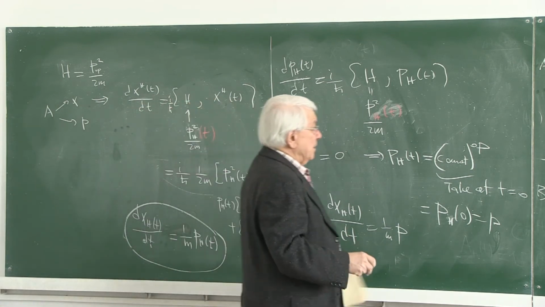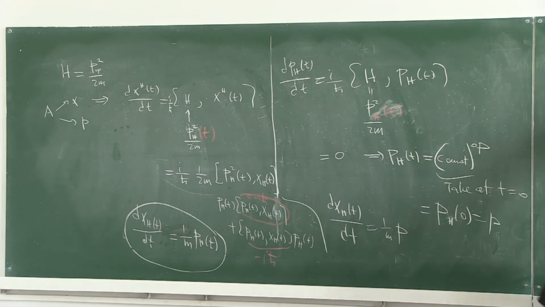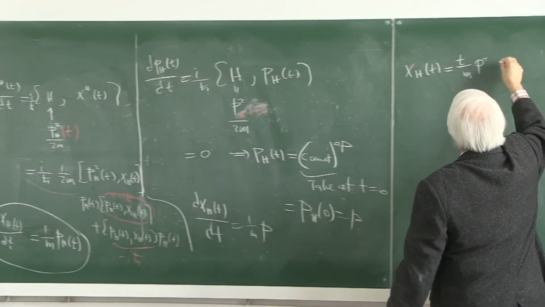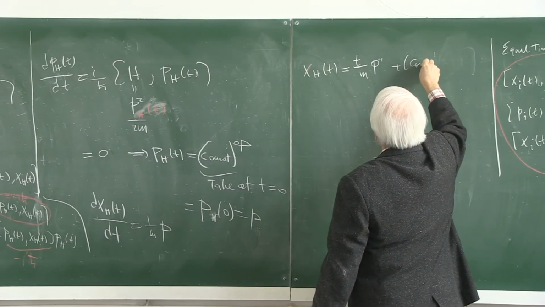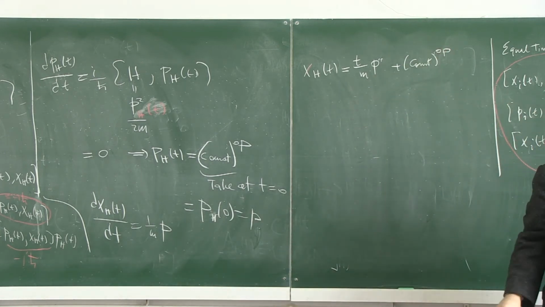So let's integrate this to get the solution. x_H of t is t over m times p, well, operator, Schrödinger picture operator, plus a constant operator, because I'm talking about the x_H operator, right?